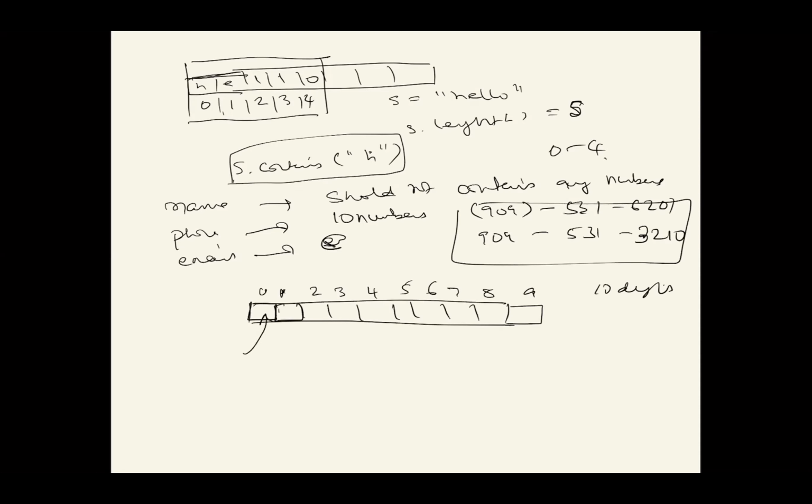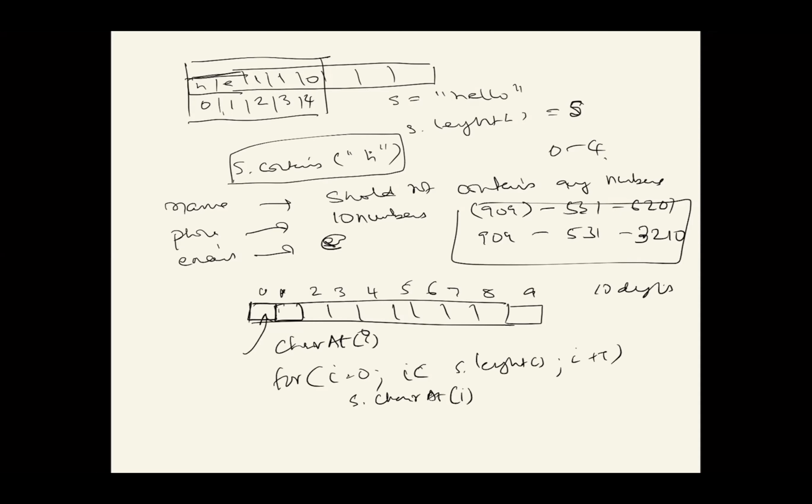How do we get this first cell? We get the character at I, and you put a loop, I equal to 0, I less than S length, I plus plus. So you can look for S character at I.